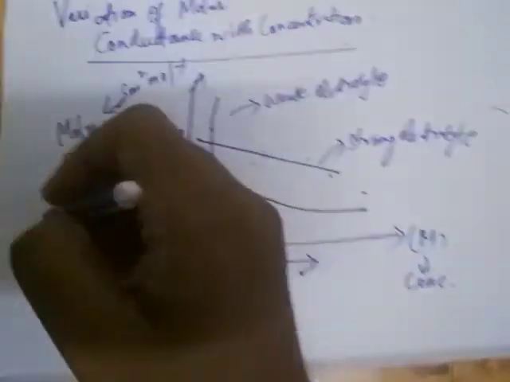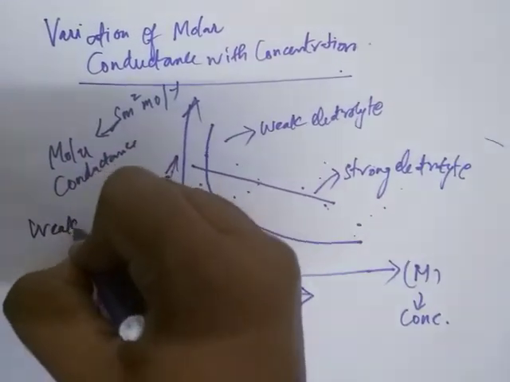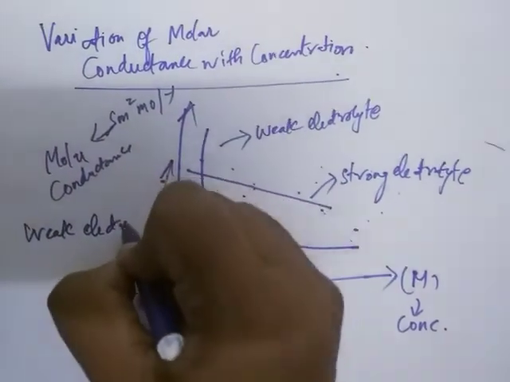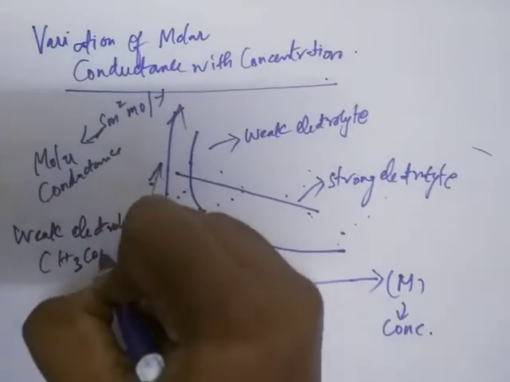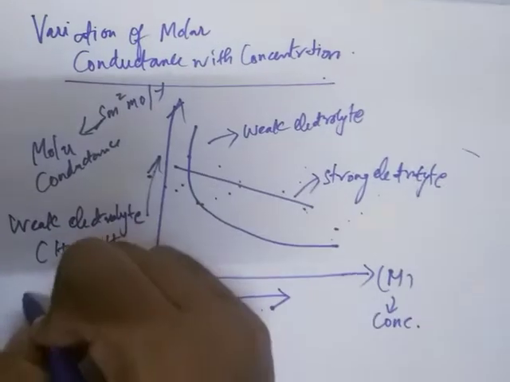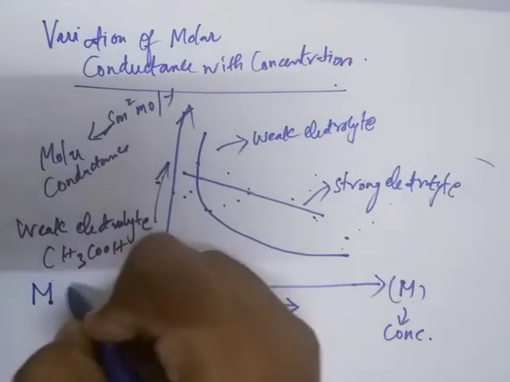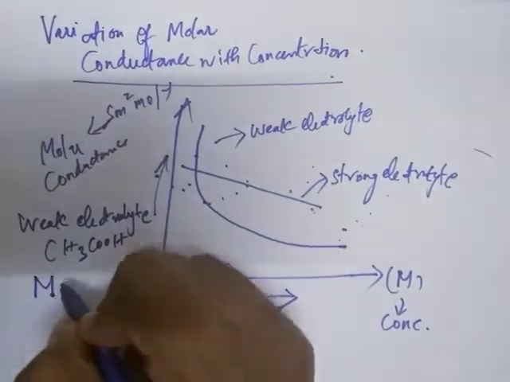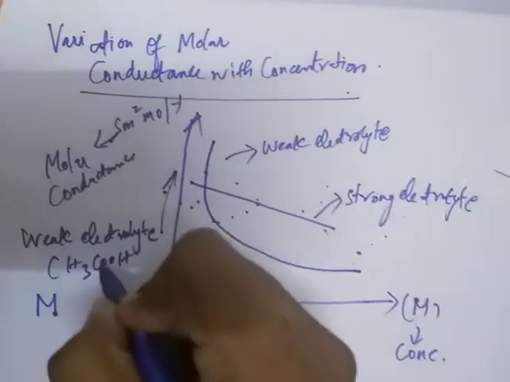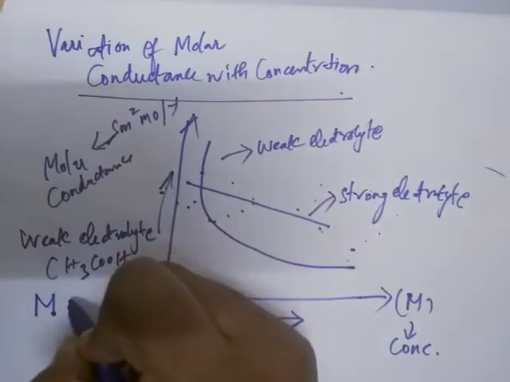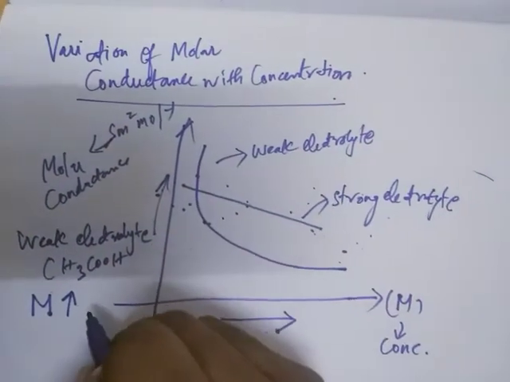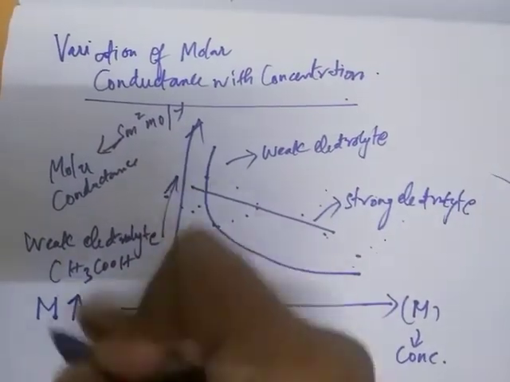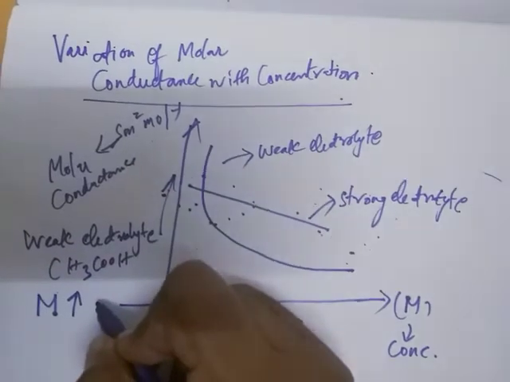For a weak electrolyte, for example CH3COOH, as the concentration increases, the molar conductance increases.